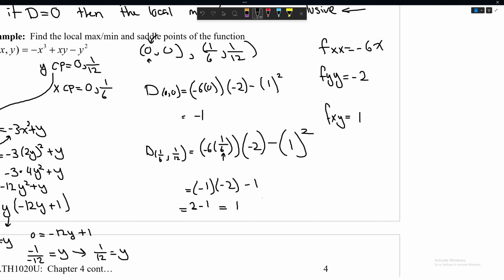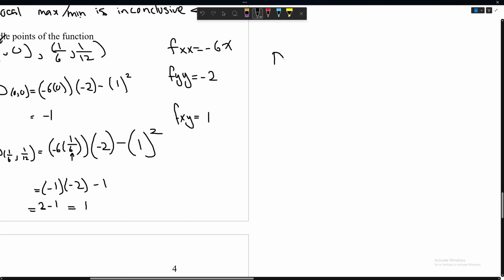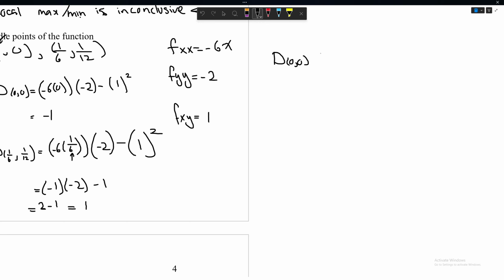All right? So what this says is D at 0, 0 is lower than 0. And D at 1 over 6, comma, 1 over 12 is bigger than 0.